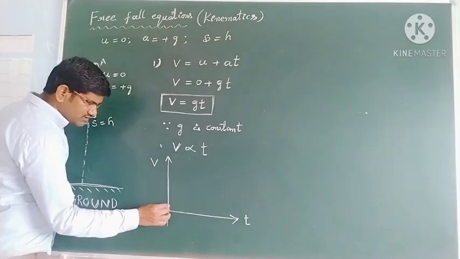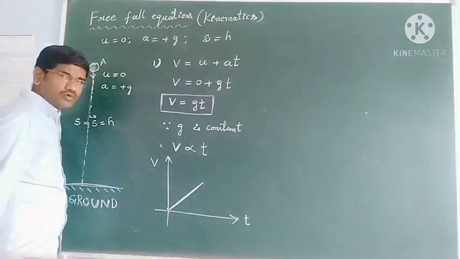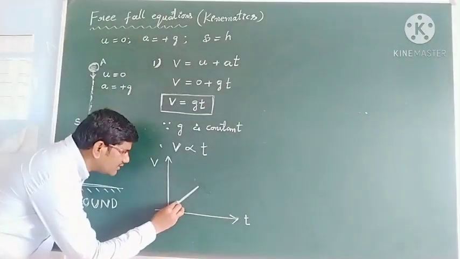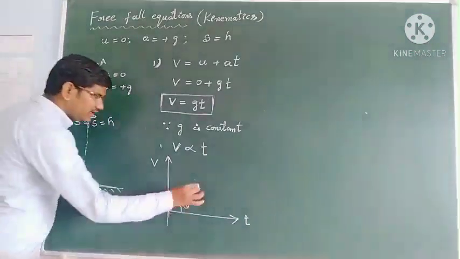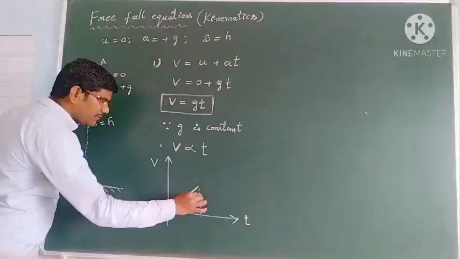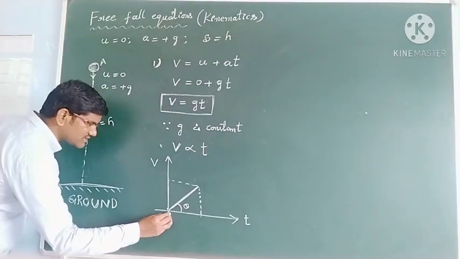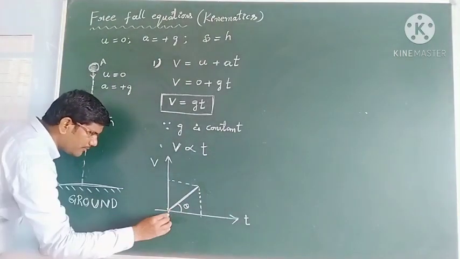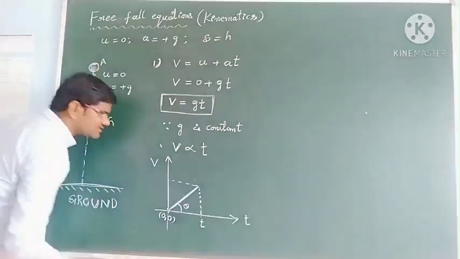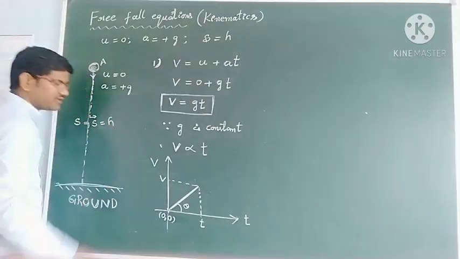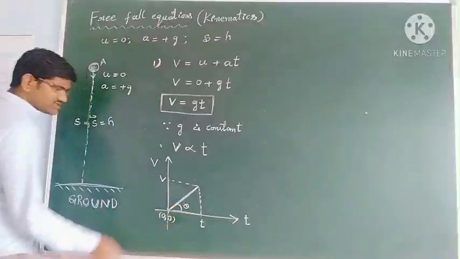So at 0 seconds, 0 velocity, this is the point, and this is the line which passes through the origin, and this line makes some angle. Now if I drop a perpendicular, this is 0 comma 0, the origin. After t seconds, the velocity is some v. This is the opposite side and this is the adjacent side.